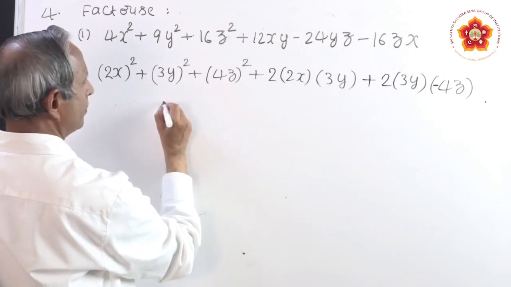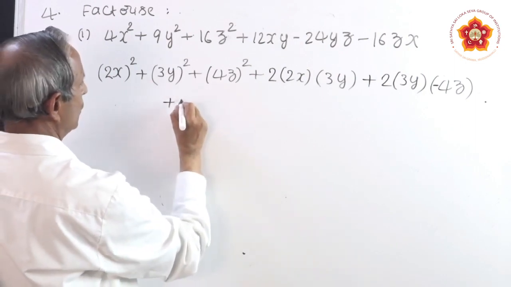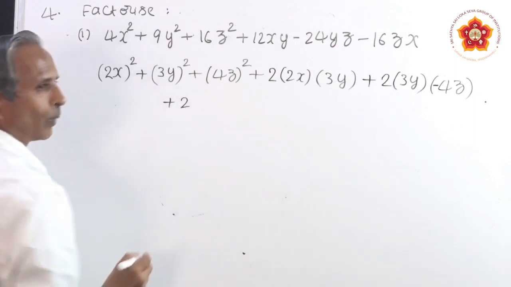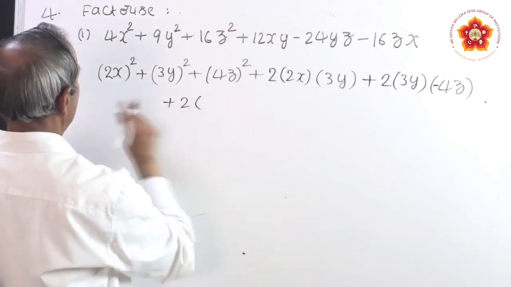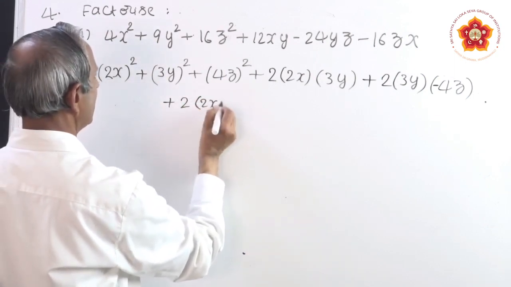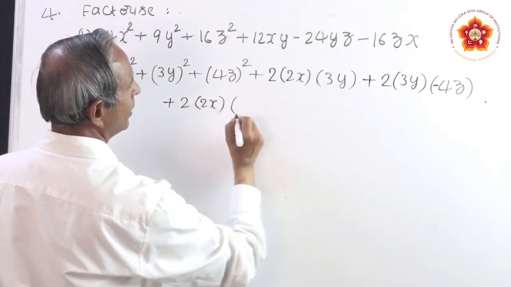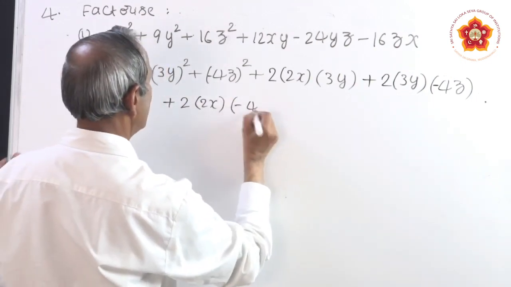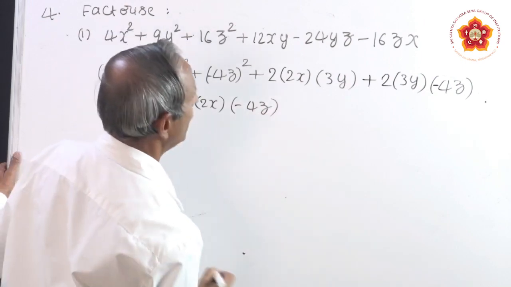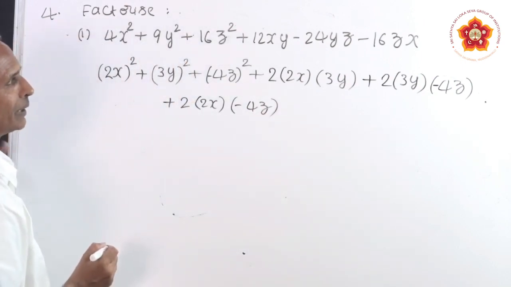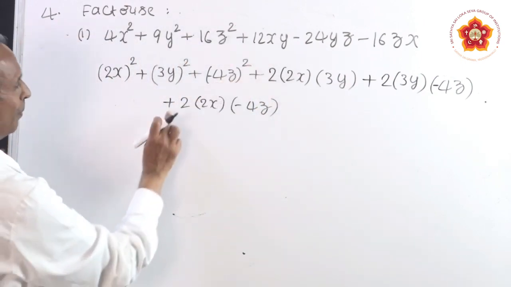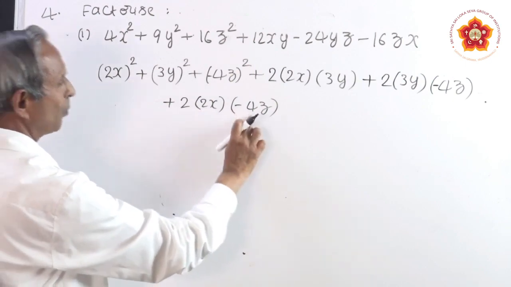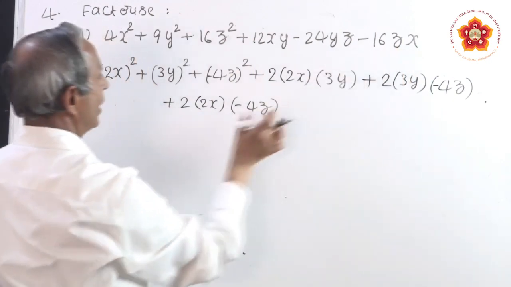Now next term, plus 2xz should come, xz. In the place of x, 2x is already there. In the place of z, minus, you have made it minus, minus 4z, and multiply, you should get 16zx, minus should be there. Multiply now, 2 2s are 4, 4 4s are 16, zx will come.